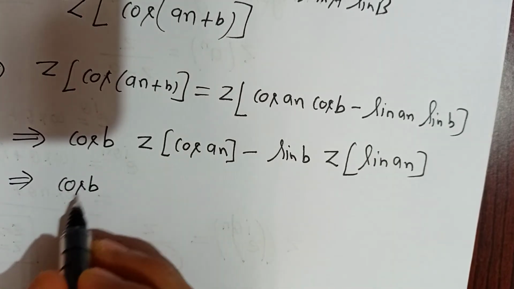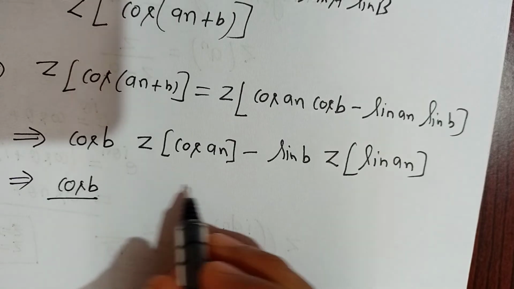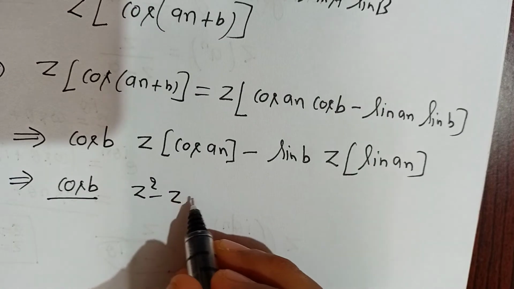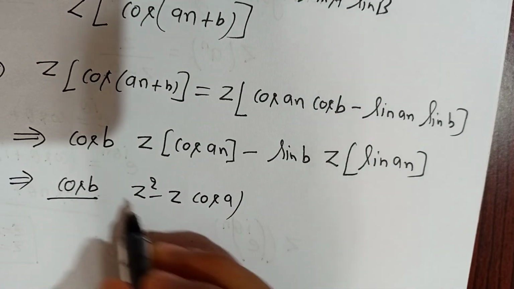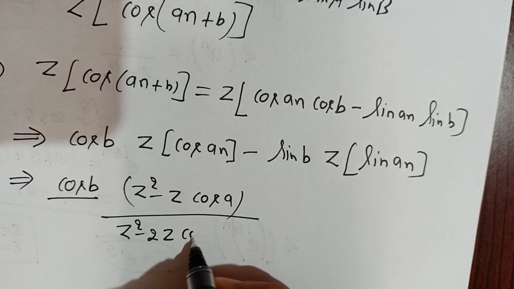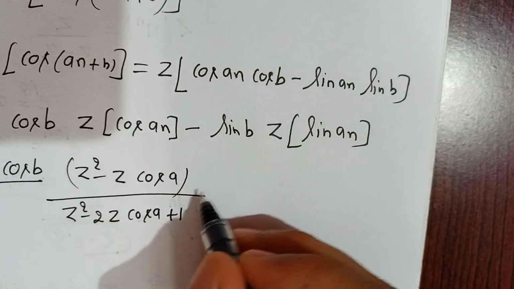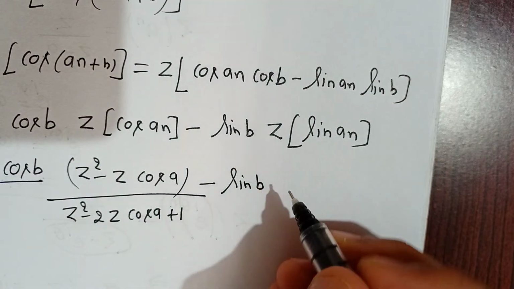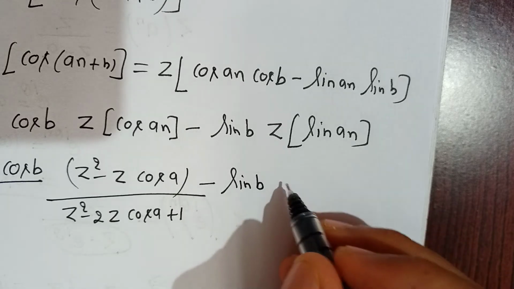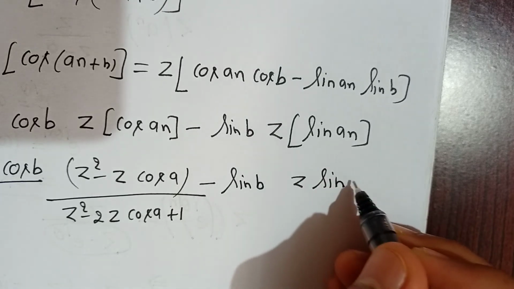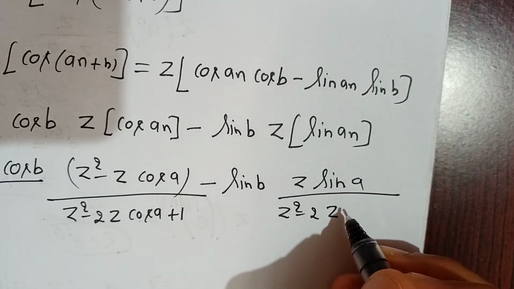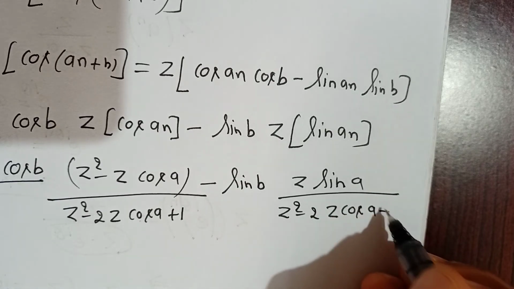So this will be cos b is the constant, Z transform of cos an equal to (z² − z cos a) divided by (z² − 2z cos a + 1) minus sin b and Z transform of sin an equal to z sin a divided by (z² − 2z cos a + 1).